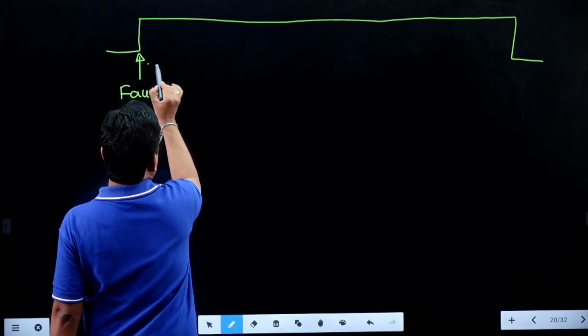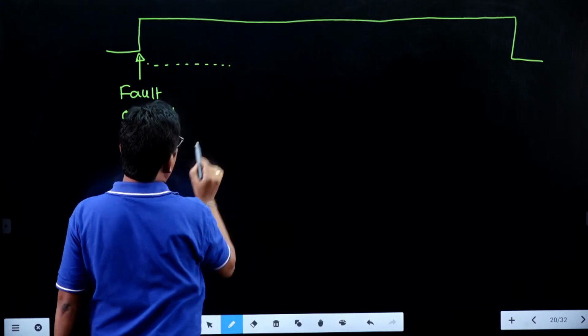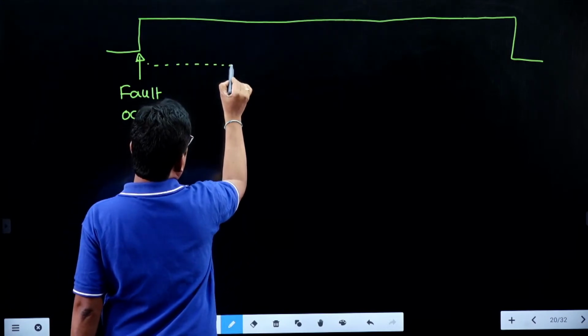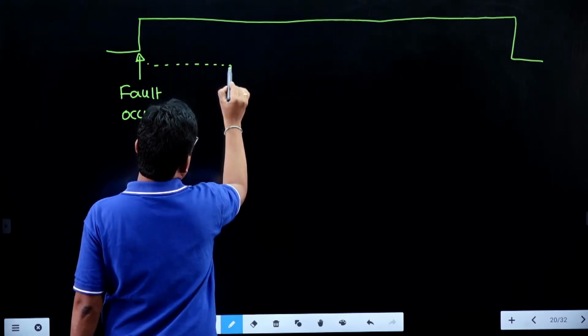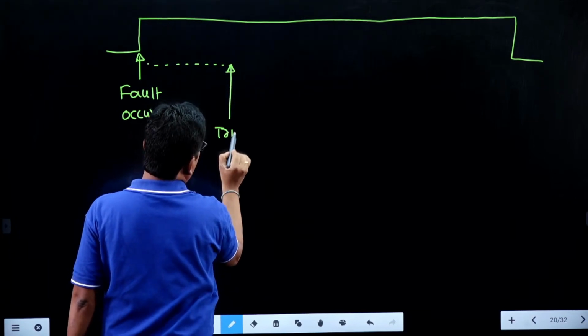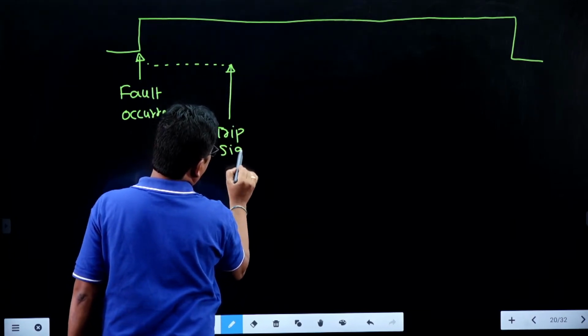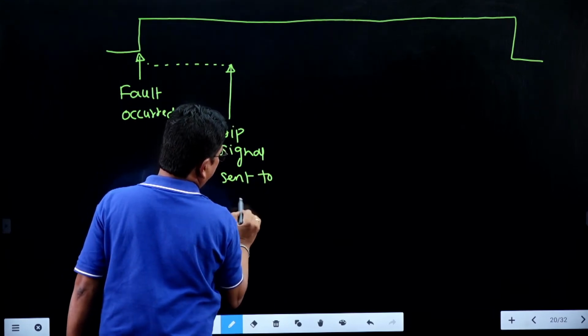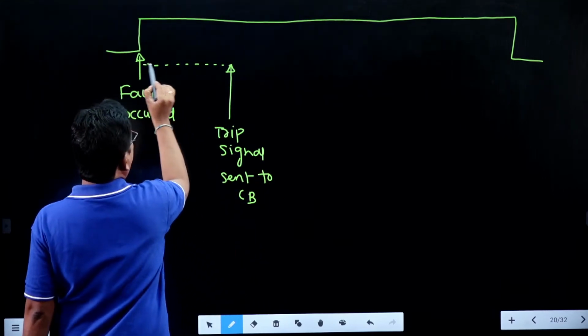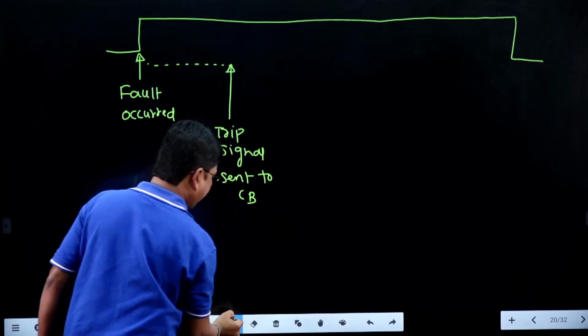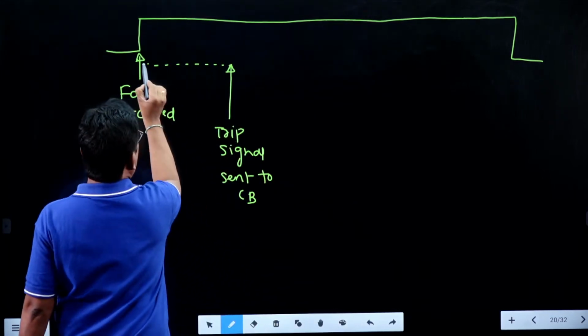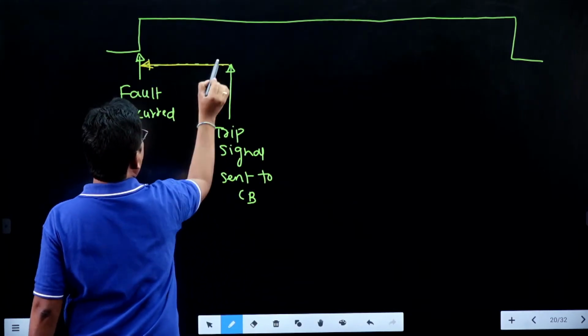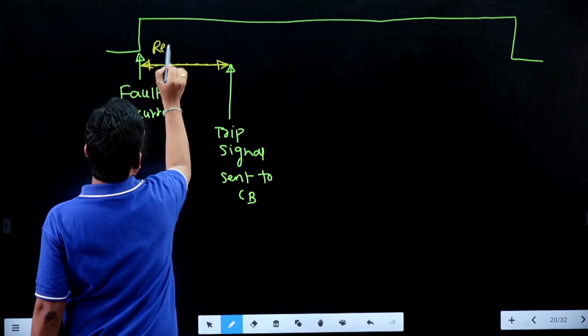At this location, the trip signal is sent to the circuit breaker. This operating time is called as relay operating time.